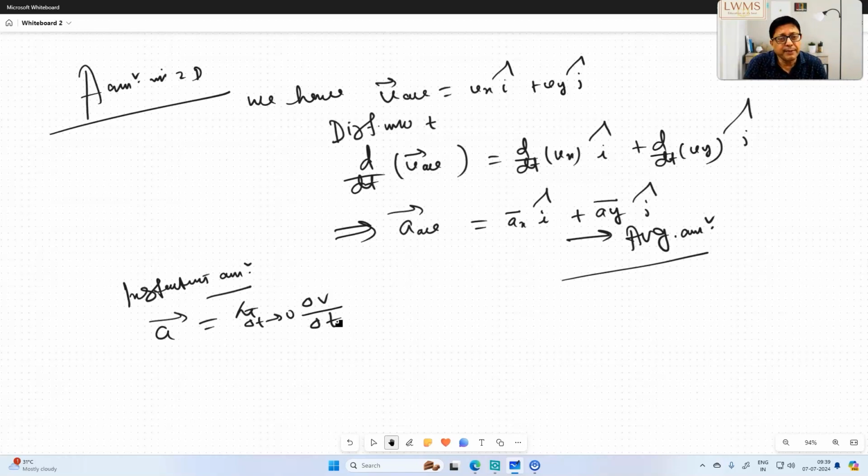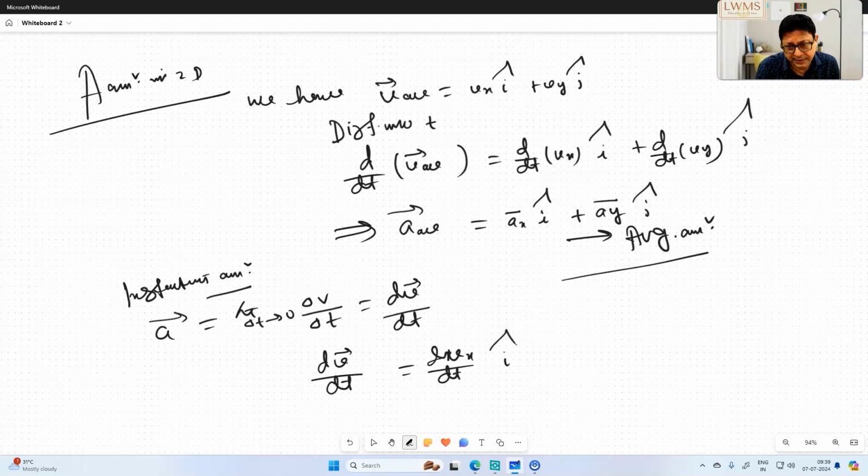This is the same manner. This can be written as dv by dt. A vector you can write as dv by dt. And again, like the previous case, this instantaneous acceleration dv by dt has components dvx by dt i cap plus dvy by dt into j cap. This is nothing but ax i cap plus ay j cap. Okay?